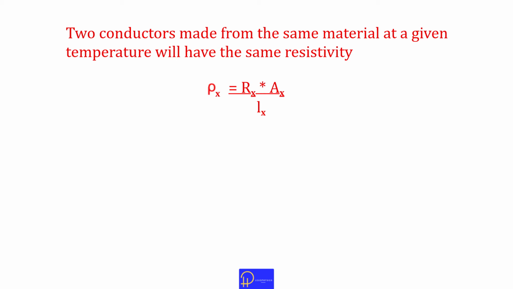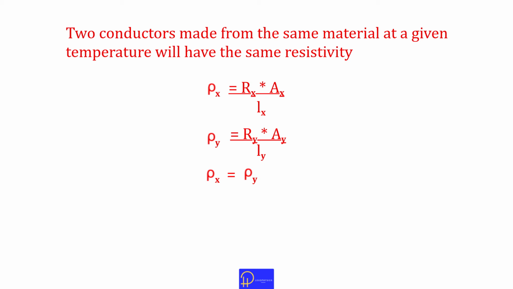So if we have a wire or a conductor X, its resistivity is going to be R subscript X times A subscript X all over L subscript X. And for a conductor Y, we are going to have resistivity to be R subscript Y times A subscript Y over L subscript Y. Because conductors from the same material have the same resistivity, we can equate the two.